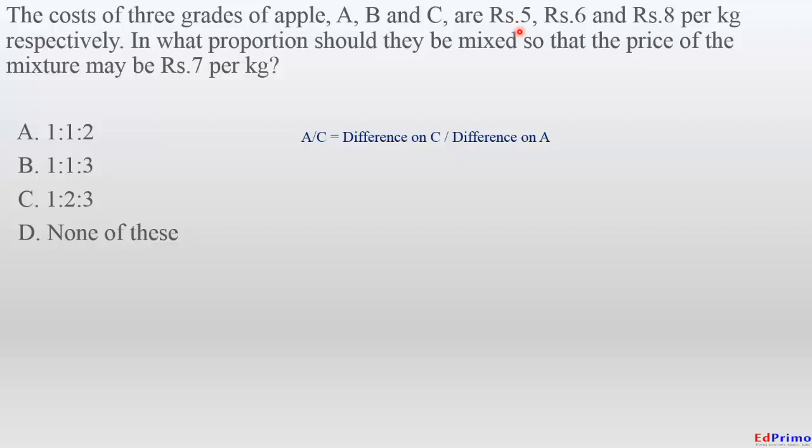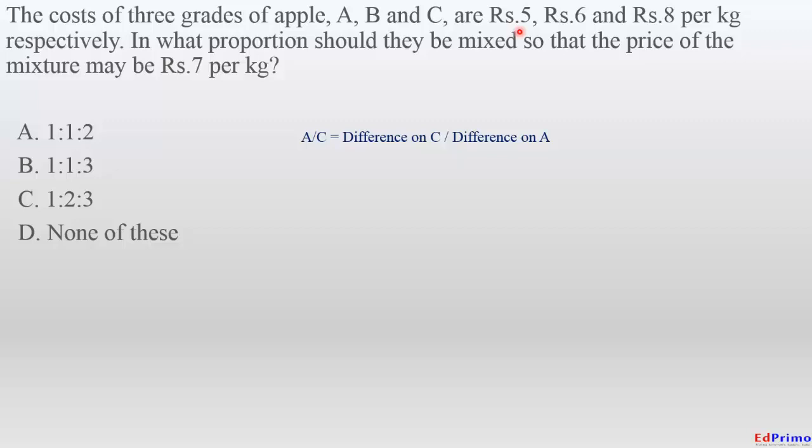Whereas C is costlier than the final mixture, and therefore a mixture between A and C will cost somewhere between rupees 5 and 8, and therefore it can be mixed in a way so that the final mixture is rupees 7. And similarly, the mixture can have B and C in certain proportions so that the final mixture is rupees 7.